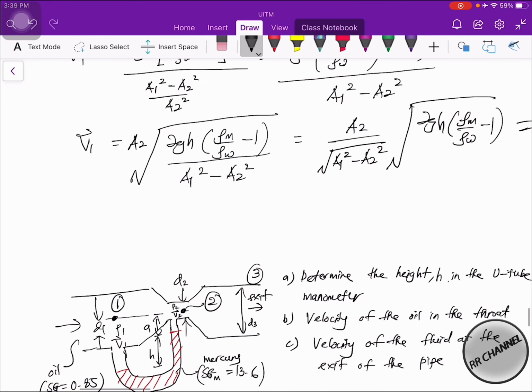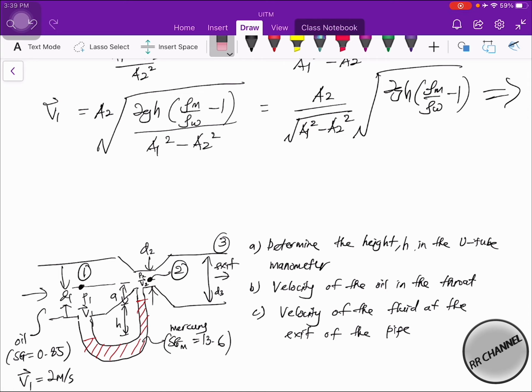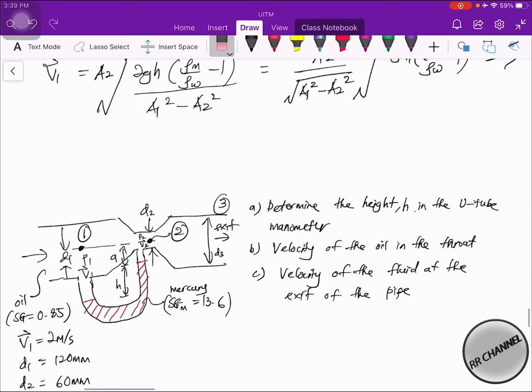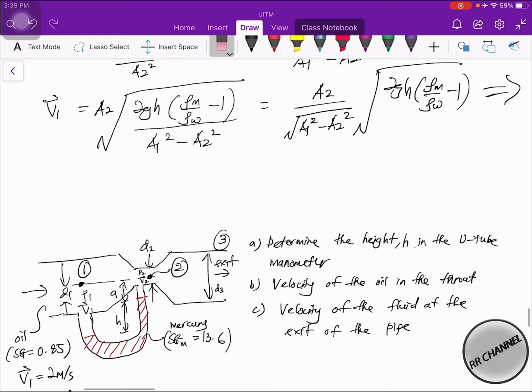which is V1 equal to A2 over square root A1 square minus A2 square, then we have square root 2g h bracket rho M over rho W minus 1, where this rho W can be replaced with the other fluid that is passed through the pipe. So here we will replace the water with oil.